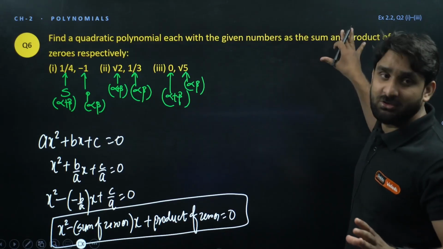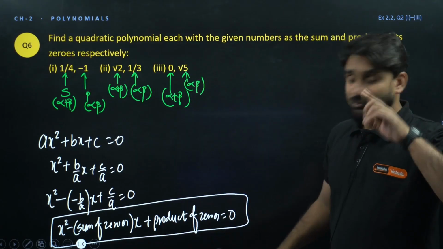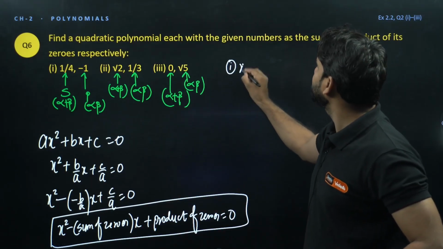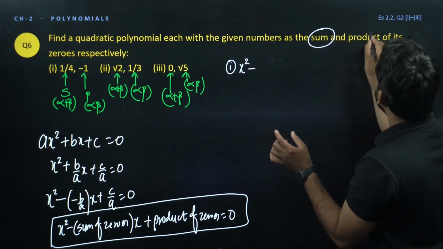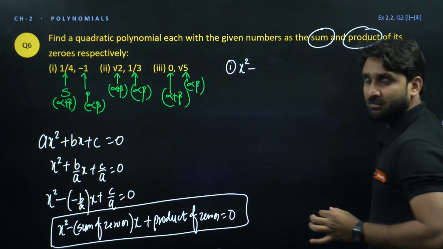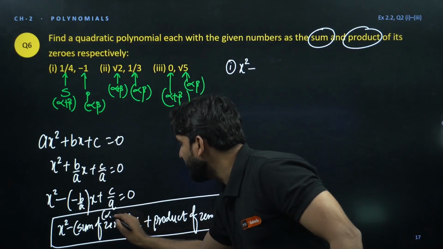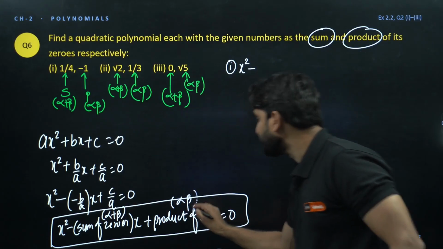So in this question, zeros are not given. These are the sum, these are the product. So we can put them here. So I'm solving the first question here. x square minus, this is what? Sum and product of its zeros respectively. So this is sum, this is product. So this is basically sum of zeros, alpha plus beta, and this is alpha into beta.